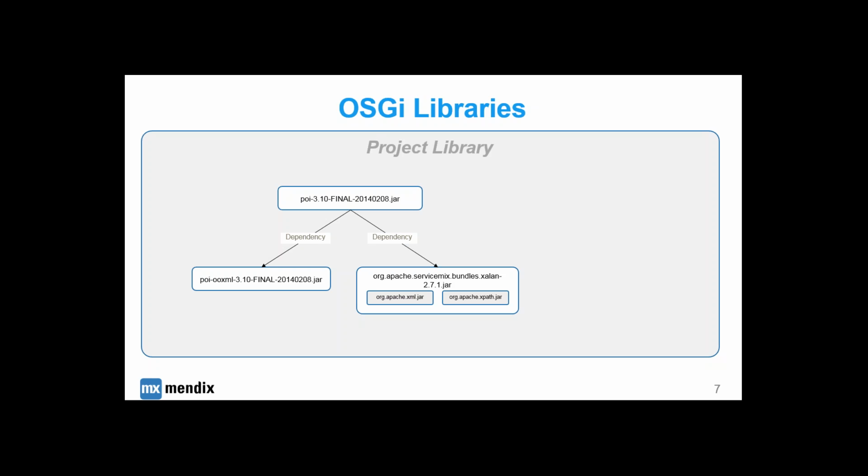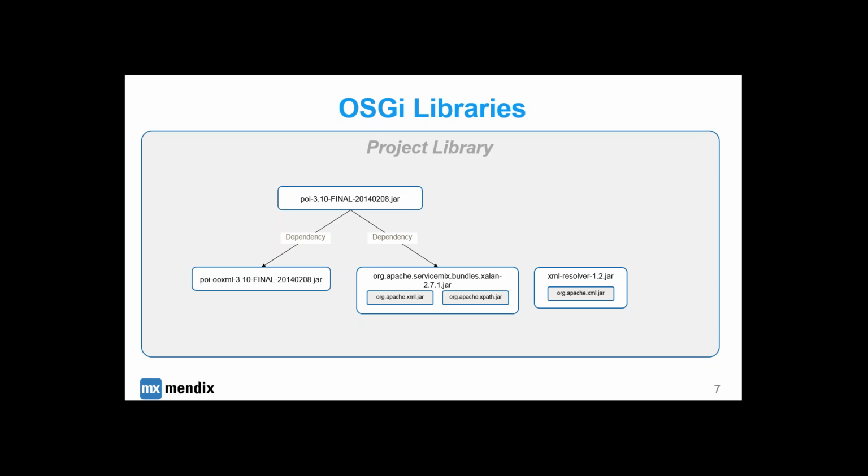So since we have these dependencies in place here, but we're running in OSGi bundles, we should not get any type of class loader issues, and we're able to have essentially duplicate Java libraries, because the platform will know how to use the OSGi libraries and not get conflicts there.